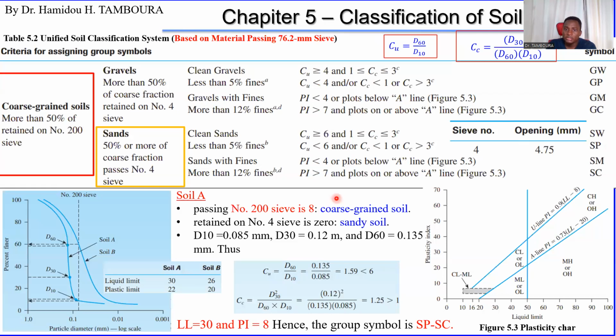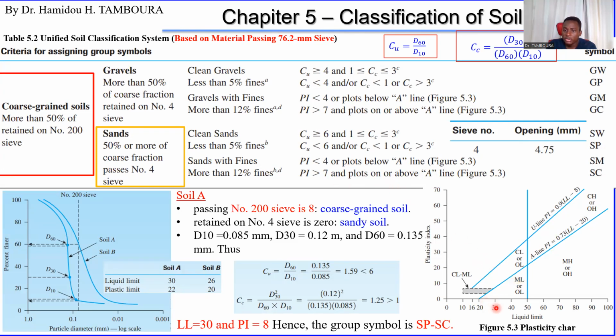So in that case, we are in this case, and we check plasticity index is higher than 5, higher than 7, then the plot is on or above the line A, because there are two conditions.